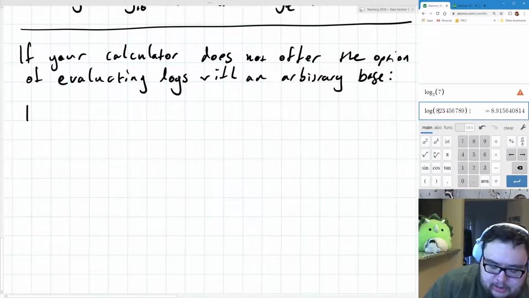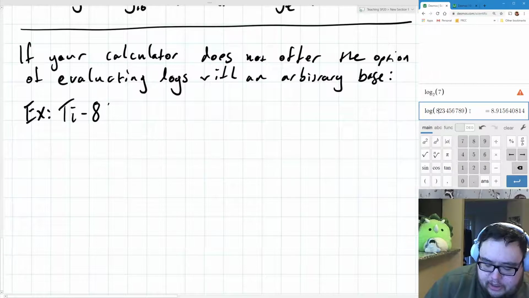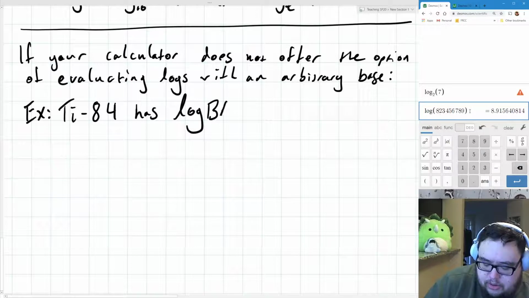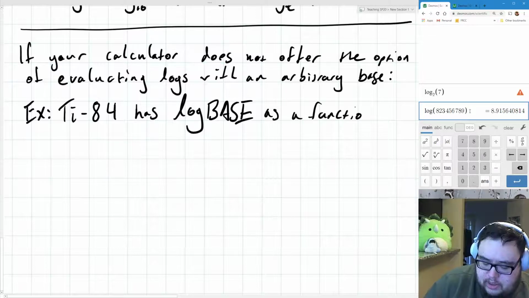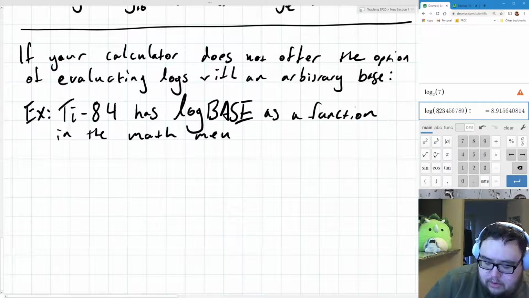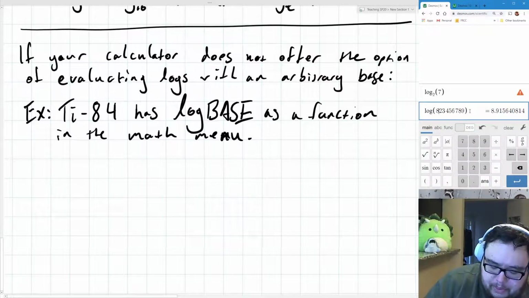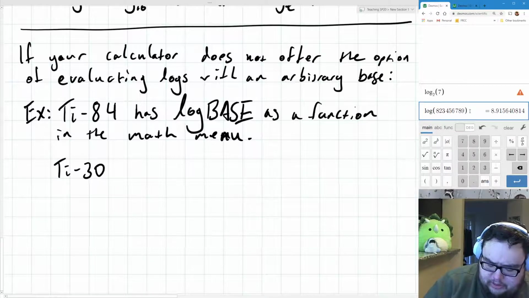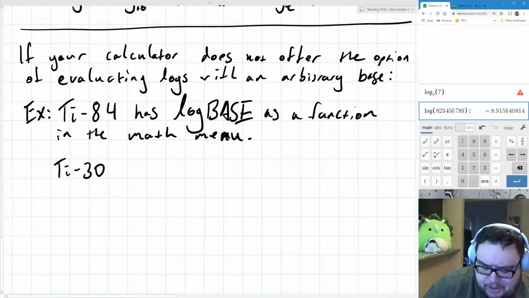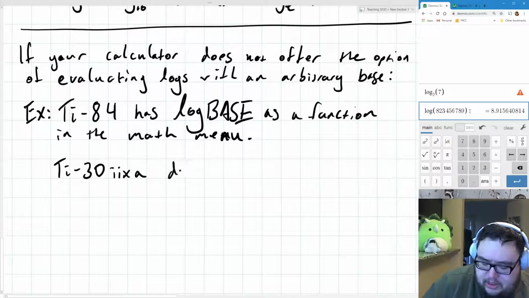For example, a TI-84 graphing calculator has log base as a function in the math menu. But the TI-30 calculators that I told you guys to grab for this class, the 2XAs or something, it doesn't have this capability.